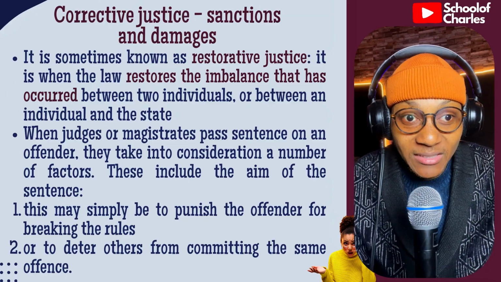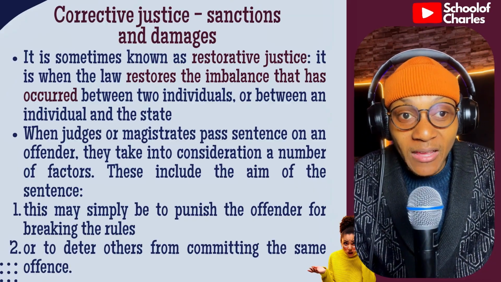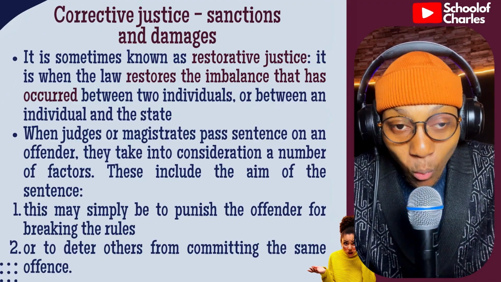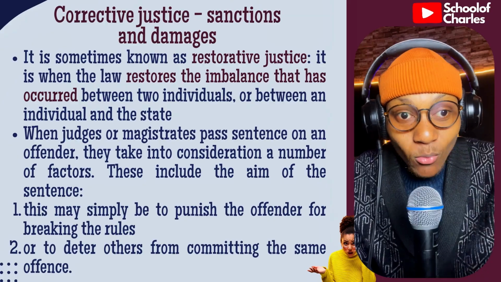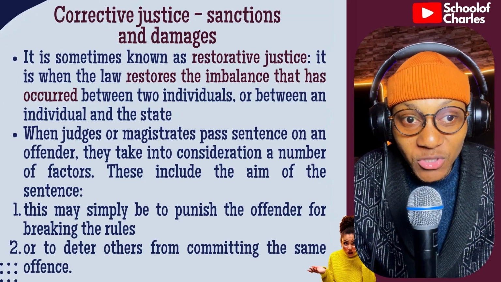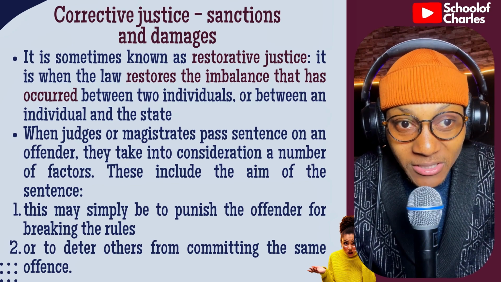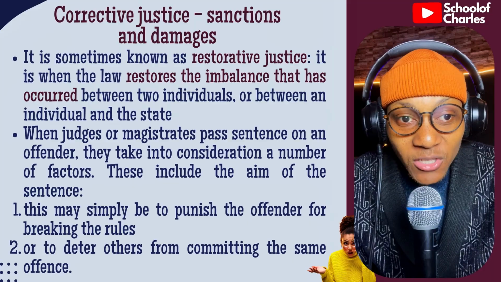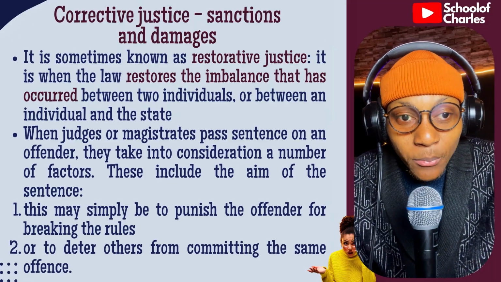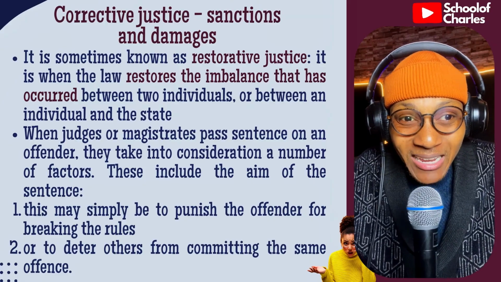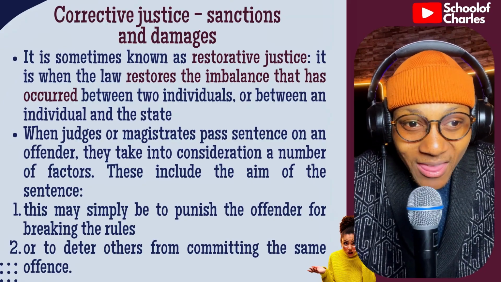So corrective justice is about, we want you to be back to the position you were before what happened, before someone broke the law, before someone damaged your property. So how do we do that? If someone damages your property, we say they should pay you for the damage that they caused. So we are trying to restore you to the position you were before the damage occurred, in as much as money is able to do that.